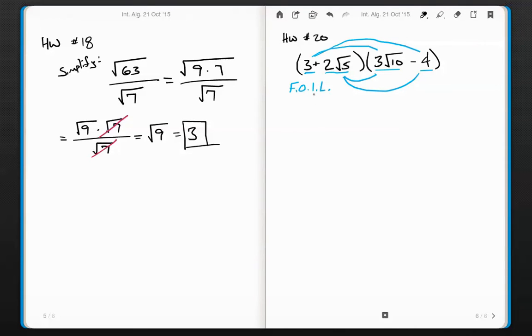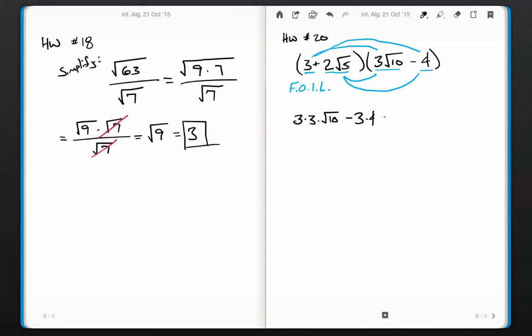3 times 3 root 10, so it's 3 times 3 times root 10. That's my first. And then my next one, the outside, is going to be 3 minus 3 times 4.